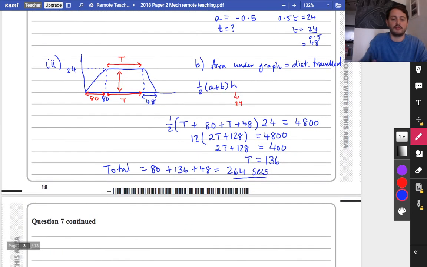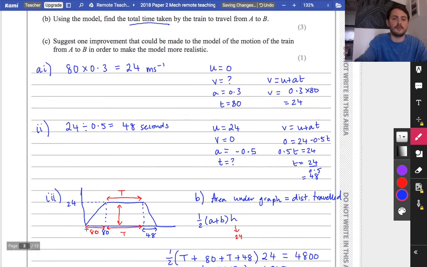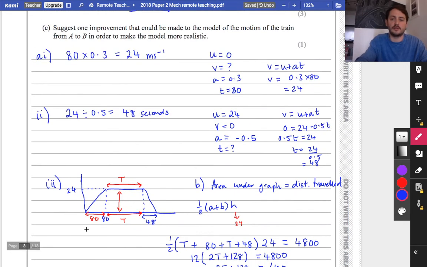So we need to just express that in a sentence here. We should say something like, what did the question actually say? Let me remind myself. It's just one improvement that could be made to the model of the motion.